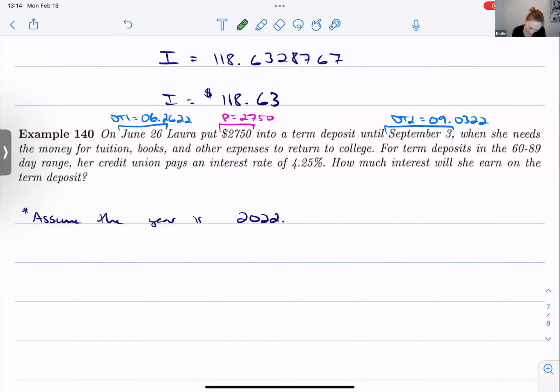Oh my gosh, she's driving me nuts. Like 0425.